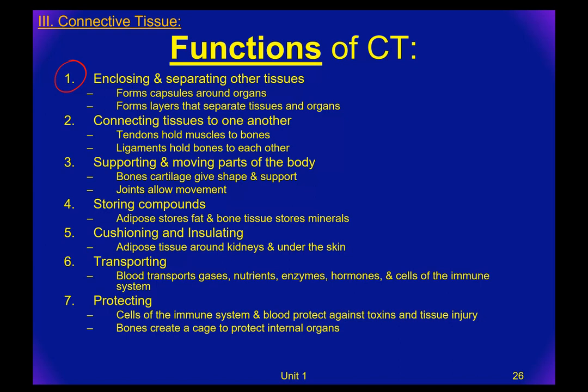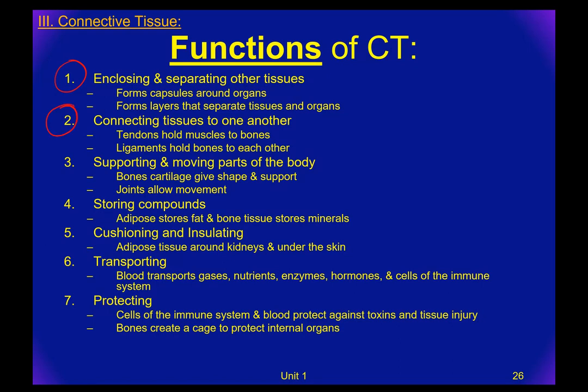Yeah, you can put them into one bundle with zip ties or whatever, but it's not like they all fuse into one big wire. Our connective tissue does that with our nerves, with our arteries, with our veins. It creates this kind of separation capsule so that an artery stays an artery, a vein stays a vein, a nerve stays a nerve. Now, I can bundle them together, don't get me wrong, but they're still their own individual pieces.